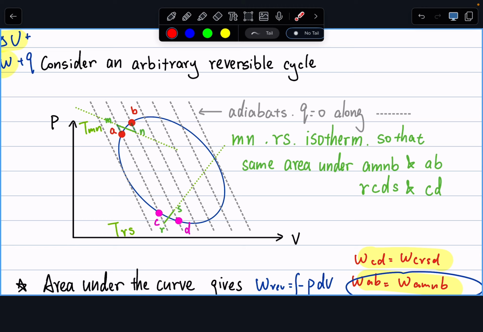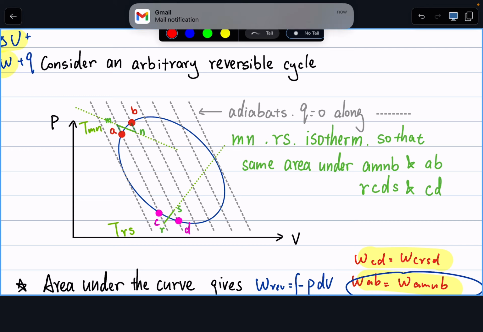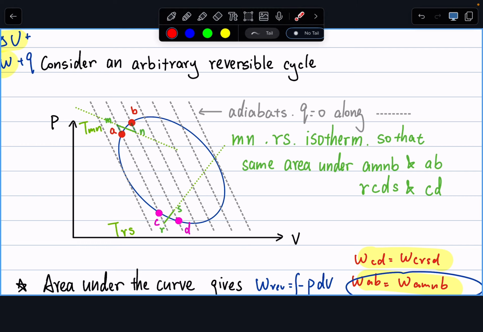Okay, yeah. Now with this in hand, the next step is quite obvious. We have the overall cyclic integral of my dq over T equals QAB over TAB plus QCD over TCD, and that goes to 0 for this process.